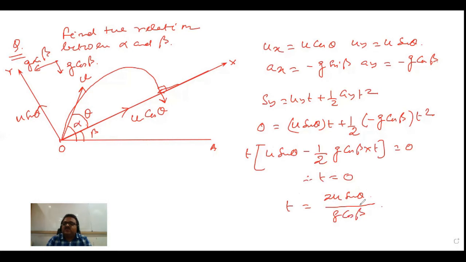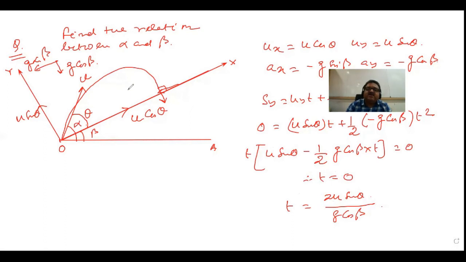This formula I already told. Correct? Now, since it is hitting perpendicular to the plane, that means at this moment, the horizontal component of velocity is 0. At this point, there is no Vx. That means Vx is 0 at this point.